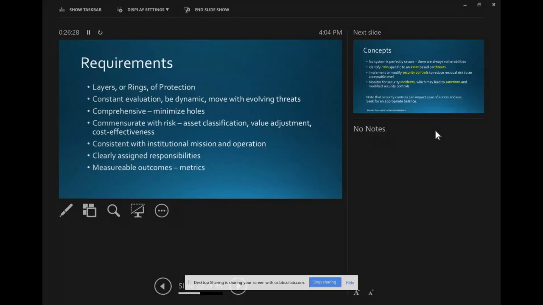So typically you don't have just one thing that's protecting your data, but rather you're constantly evaluating what are the various things I need to do to protect that data. And how much of that is commensurate with the risk, which is why you have to sit down and do the risk assessment, to figure out what I need to spend, what I need to do in order to counteract the threat.